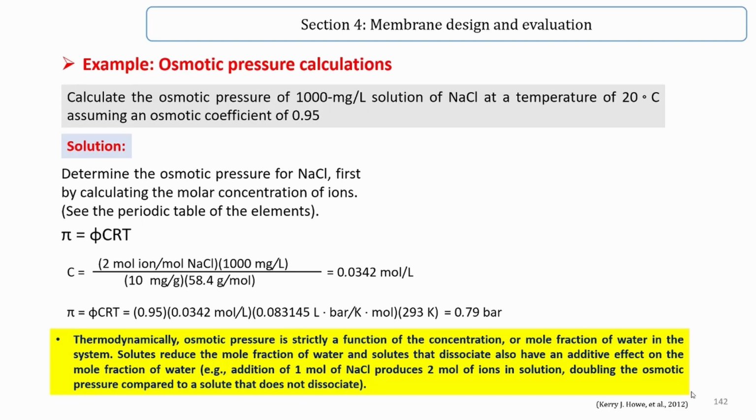Sodium chloride dissociates into two ions, sodium and chloride, so the molar ion concentration is double the molar concentration of added salt, and then using the modified Van't Hoff equation, osmotic pressure can be calculated. It has to be noticed that the temperature has to be converted to Kelvin.